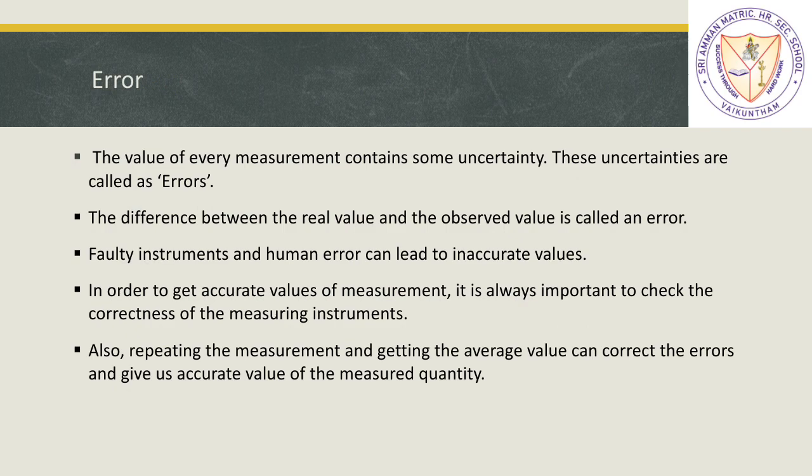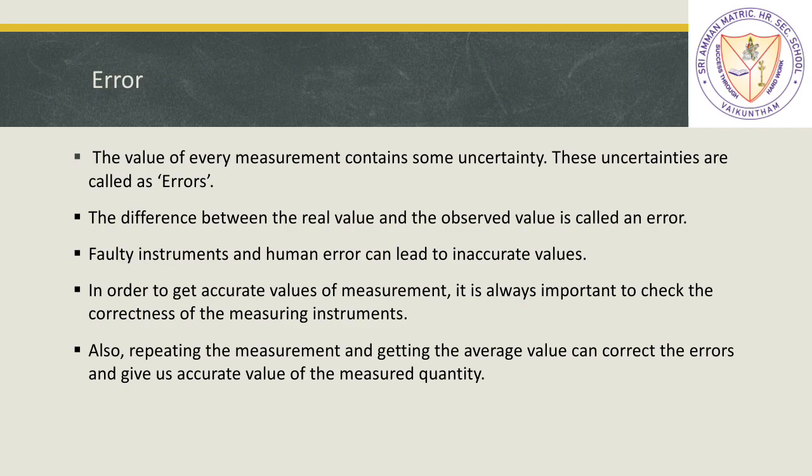To get the most accurate value, we need to go for corrections, like we did in the case of vernier calipers and the screw gauge. We calculate the zero errors, right? Such errors, if you calculate, will be subtracted or added depending upon the type of error. So that will give us more accurate values.